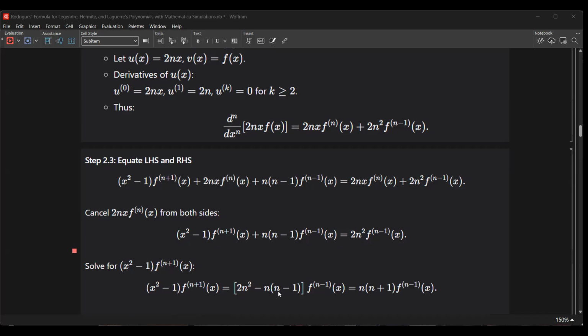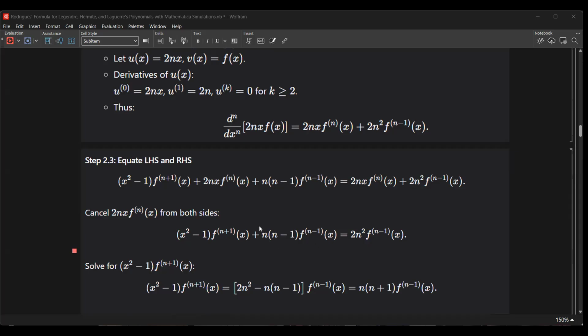2n squared. So we have a 2n times the (n-1)-th derivative of f(x), then minus this one. So we have a common factor here, this one, the (n-1)-th derivative of f(x).